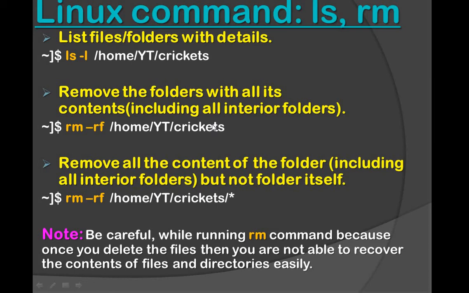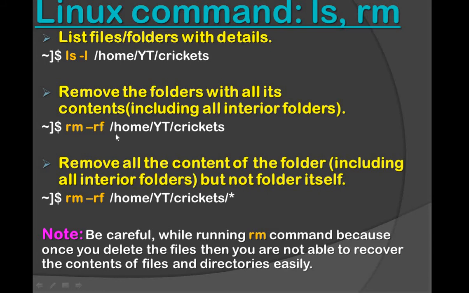So how we do? We do the rm command. By using rm command, we can remove all the contents of folder like this way: rm -rf. We will see that what -rf do. r means recursively, f means forcefully.